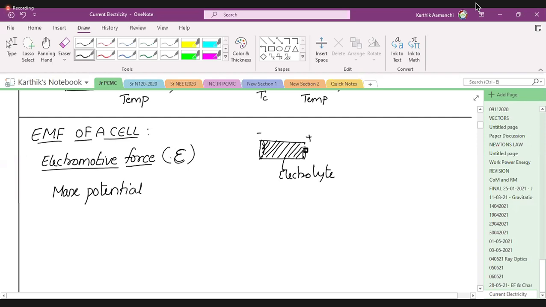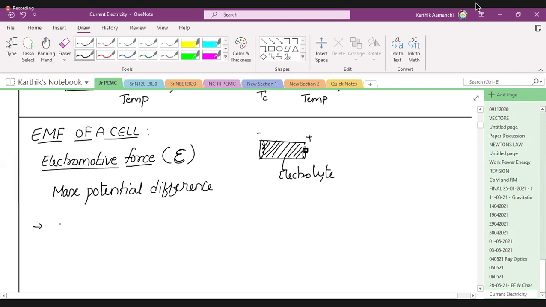Maximum potential difference between the two electrodes of the cell when the circuit is open. Clear?